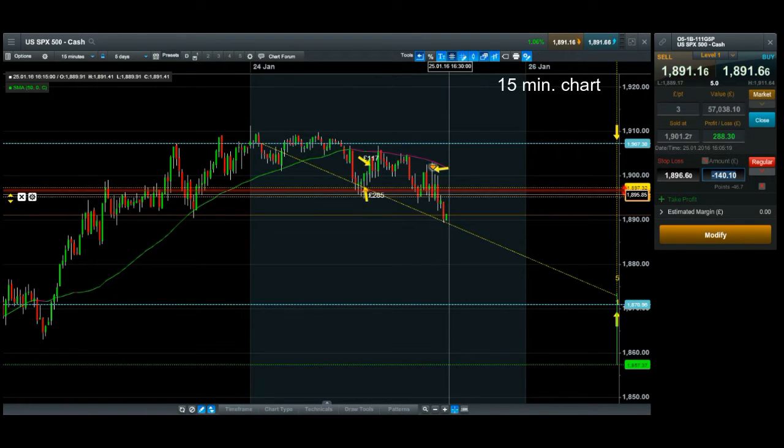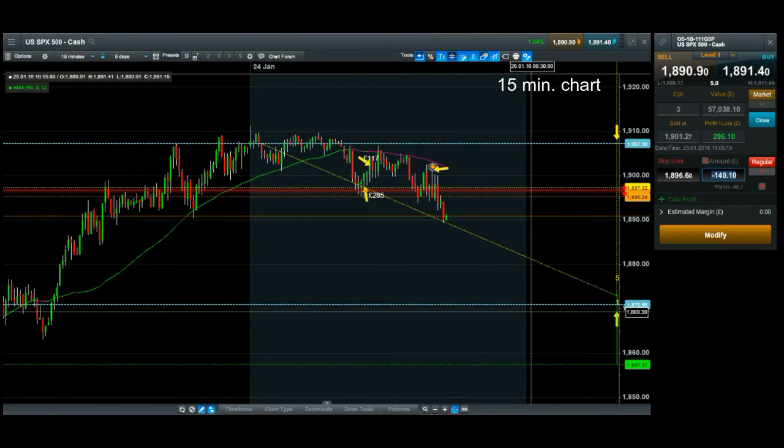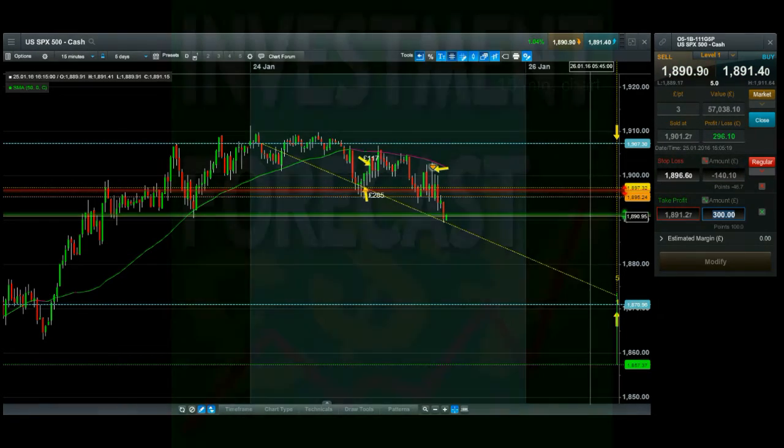So if the trade goes back and hits my stop gain, I'm still making £140 out of it. Otherwise, if it continues to go down, then I expect to take profit in this blue area here. So I've got to set up my profit take area.